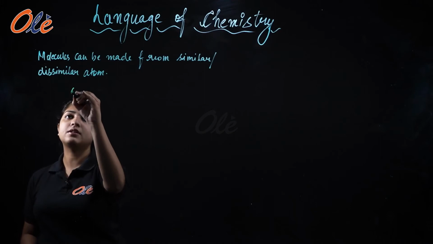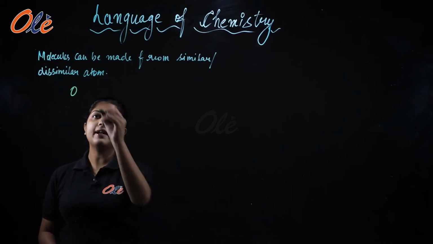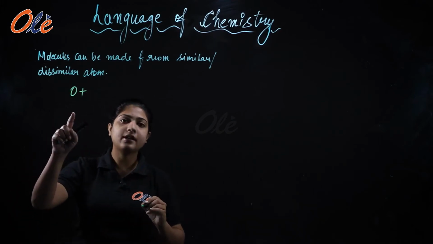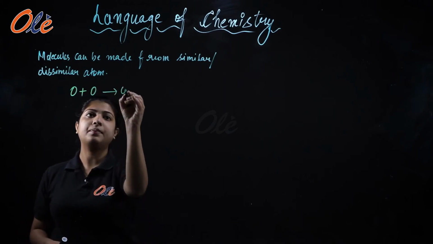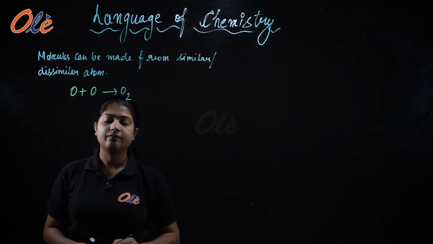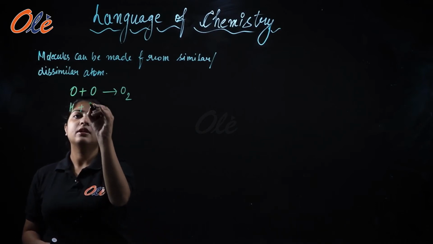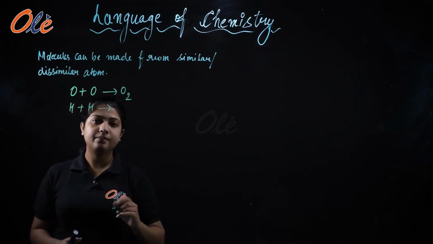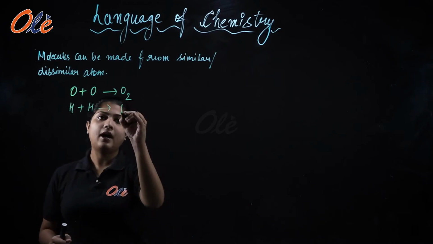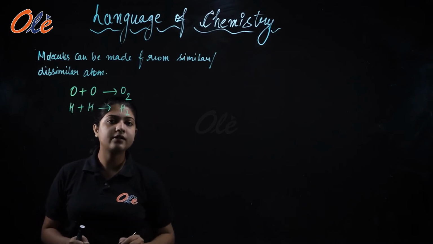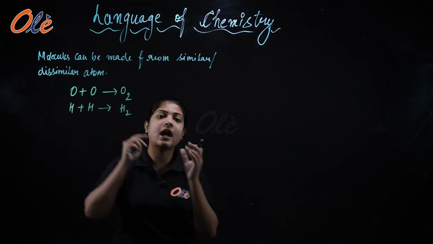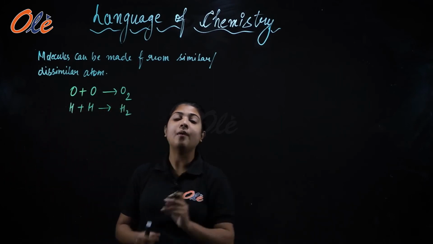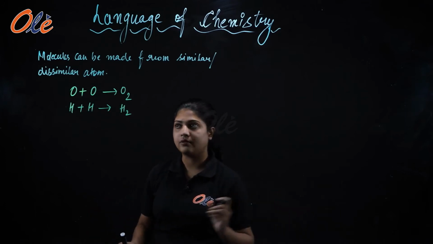For example, oxygen, right? This is an oxygen atom, and if I add another oxygen atom to it, I will obtain a molecule. Again, the hydrogen. Another hydrogen atom will be added to it, and I will obtain a hydrogen molecule. Two oxygen atoms are combining together to form one oxygen molecule, right?